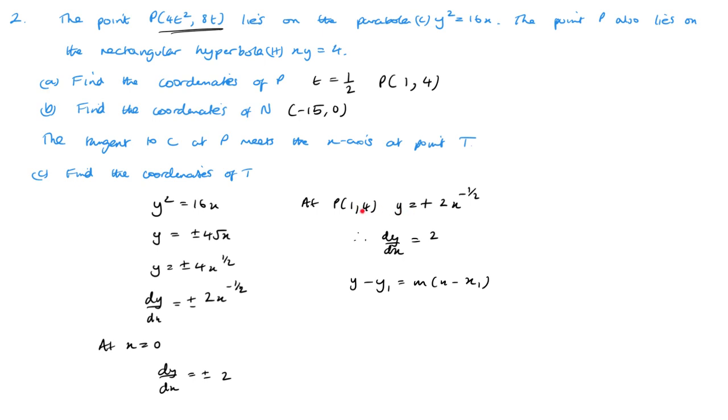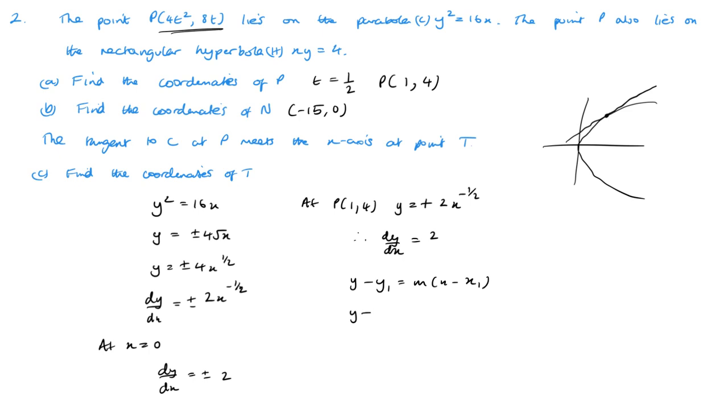Now, just on this point, you know that the parabola looks like this. So at the coordinates (1, 4) will be something like this. So the tangent is going to have a positive gradient. Okay, so you'll know that by the shape of the graph.